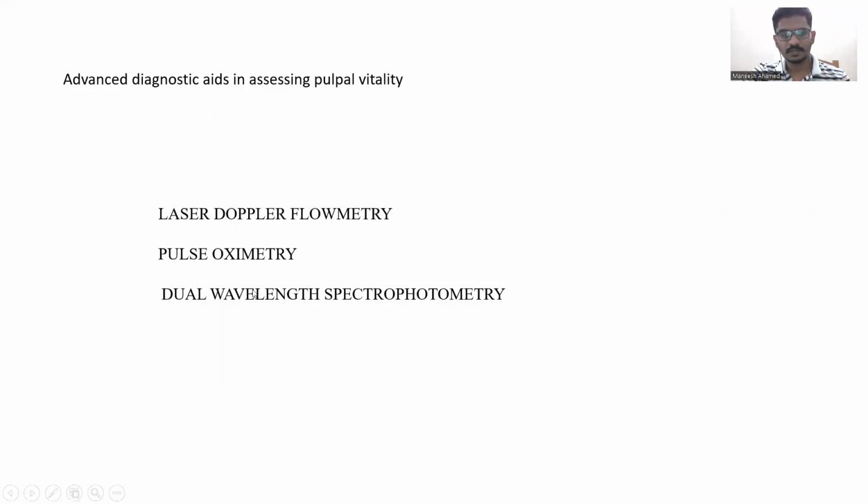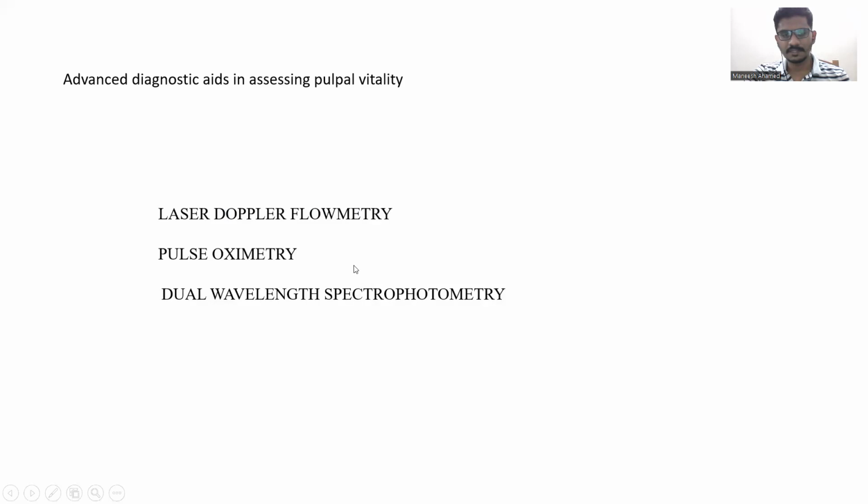So three of the most important advances are the laser Doppler flowmetry, pulse oximetry, and dual wavelength spectrophotometry. Laser Doppler flowmetry uses the principle of the Doppler effect in the moving vessels or capillaries of the dental pulp. So it compares the moving blood and assesses the vitality of the tooth.